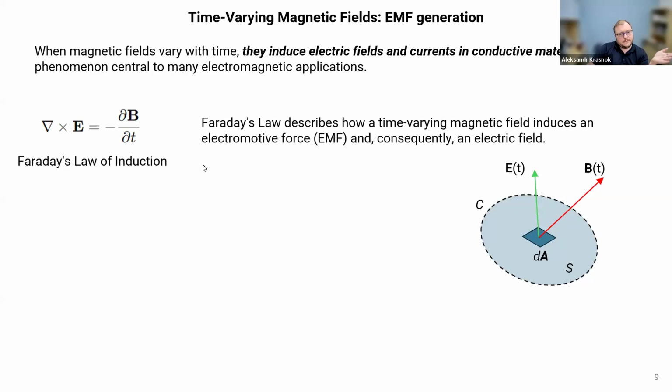Let us integrate this equation over some arbitrary area, shown here by this shaded area S. This equation is about electric field and magnetic field, right? So in this space we have electric field and magnetic field, and they both depend on time.